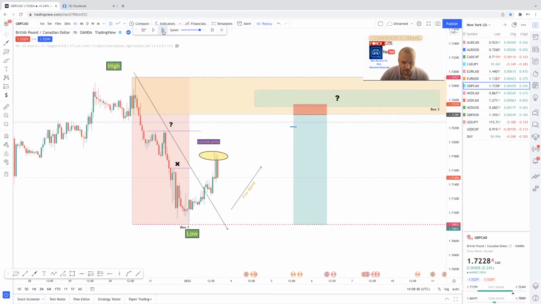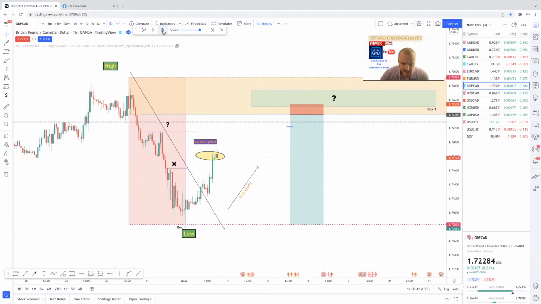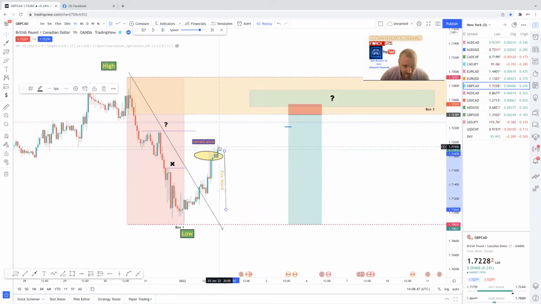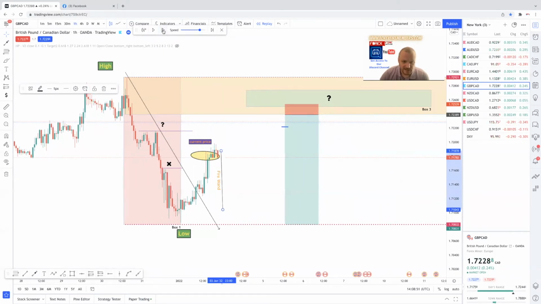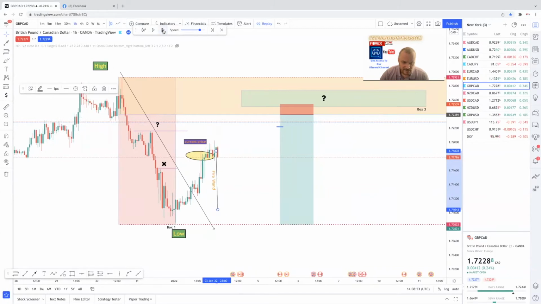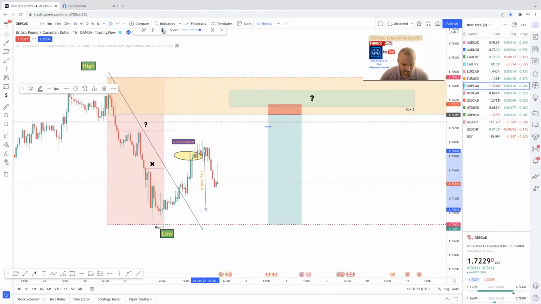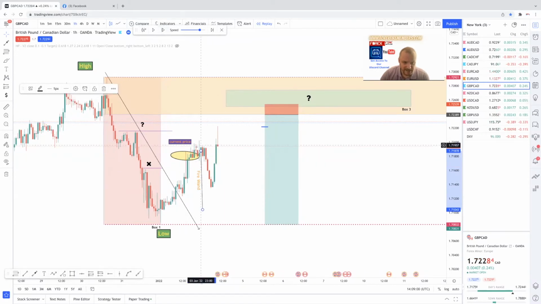Let me click forward a few times. So as you can see, this is where price was currently residing, and it's on its way up. We've taken out this liquidity and it's continuing. A little bit of consolidation, it's coming back down, and then it's spiking to the higher side.